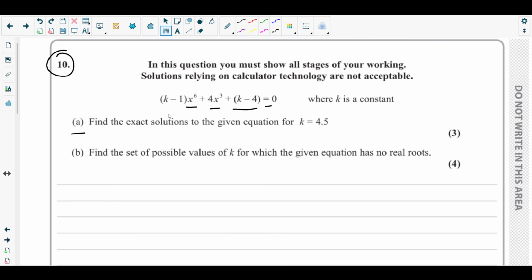Part A is asking: find the exact solutions to the given equation for k equals 4.5. If the value for k is 4.5, then what would be the equation? 4.5 minus 1 is 3.5. So 3.5 x to the power 6 plus 4x cubed plus 4.5 minus 4, this is half.